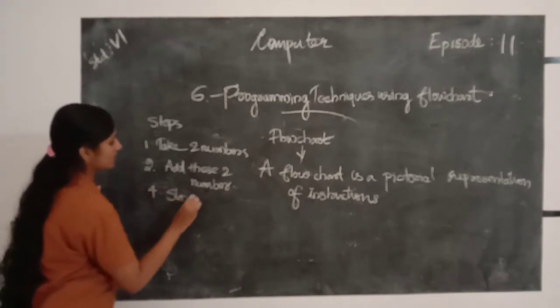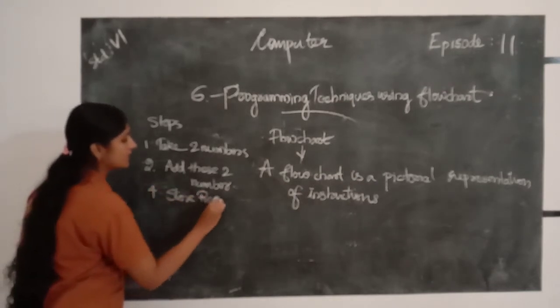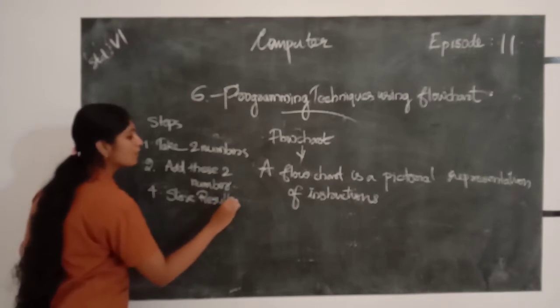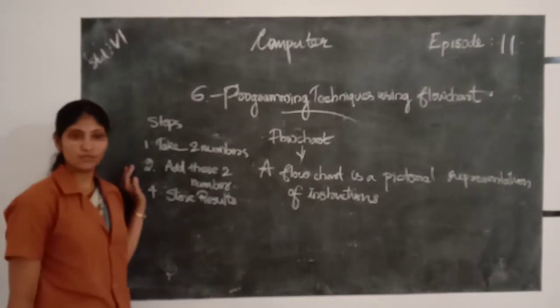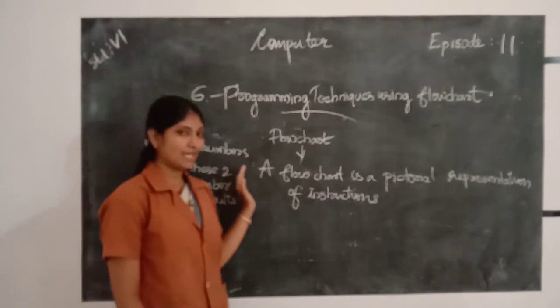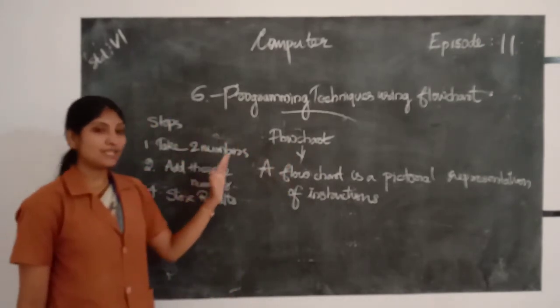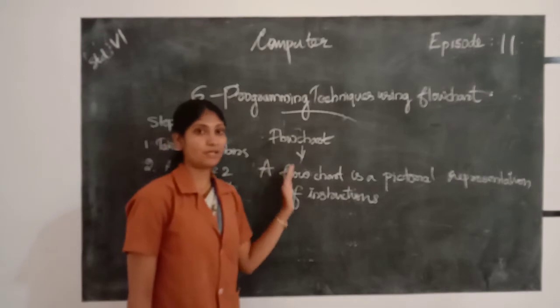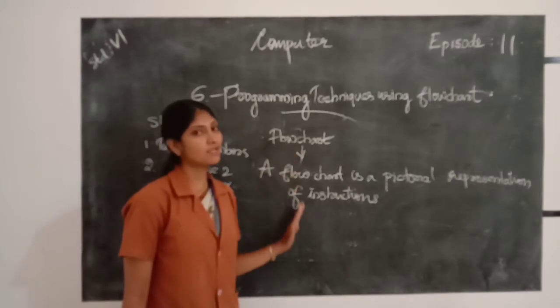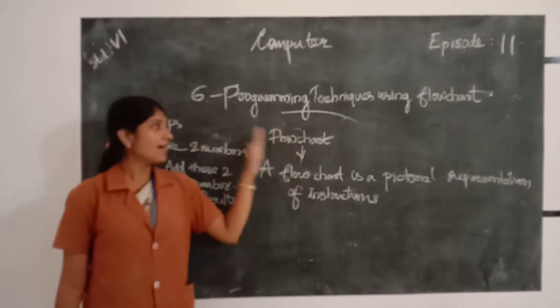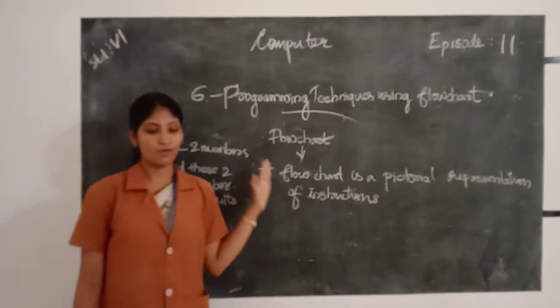These are the three steps for finding the sum of two numbers. We can represent these three steps in a diagram, a graphical or pictorial representation. That is called a flowchart.